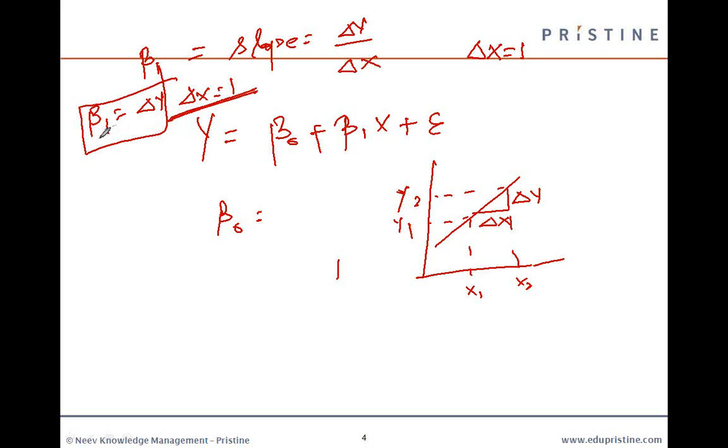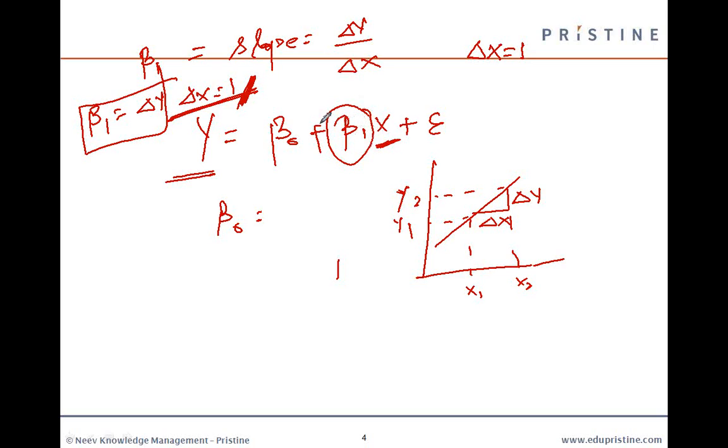So I can physically interpret my beta 1 as slope, which is nothing but the change in the amount of marks that I receive when I increase my hours of study by 1 unit. You getting my point? That is, for 1 unit change of independent variable. In our example, for 1 additional hour of study, what is the change in my marks obtained? What is the change of your dependent variable? And that is how you can interpret beta 1.